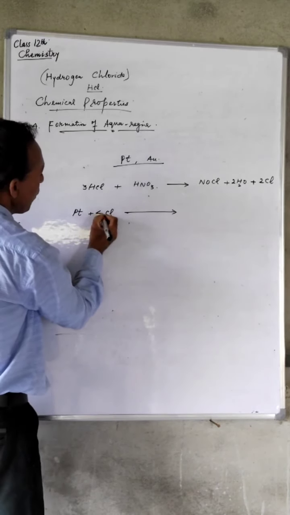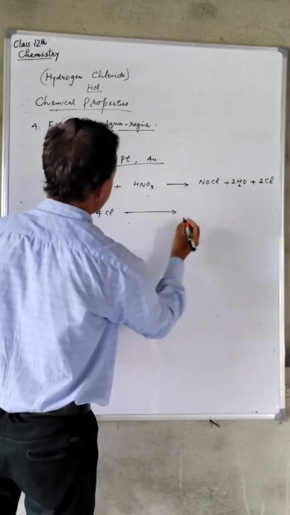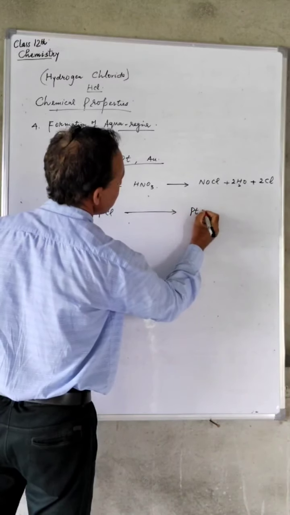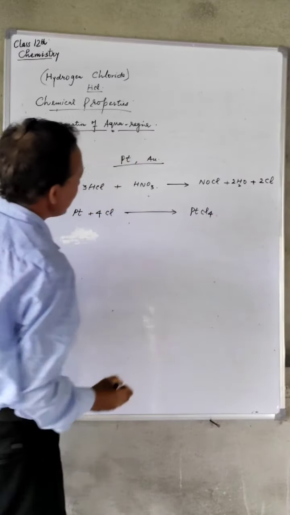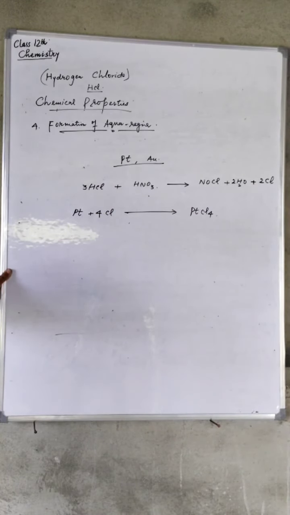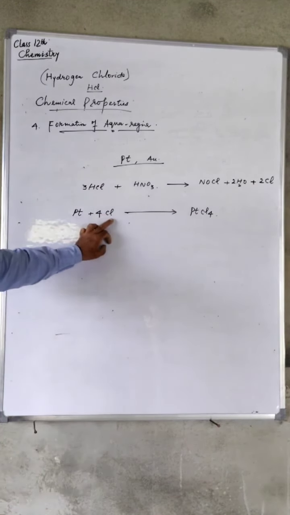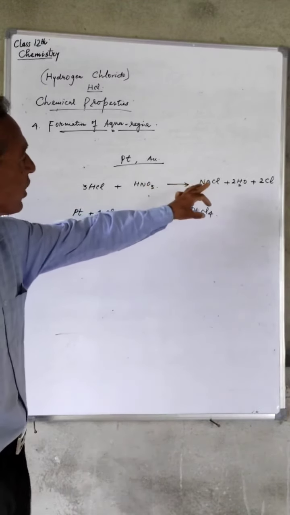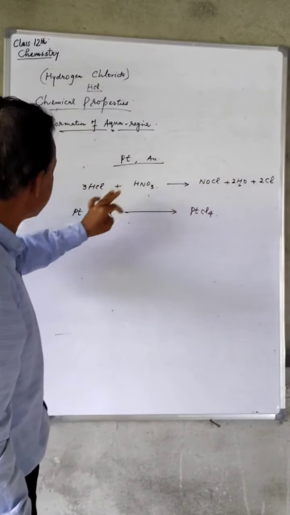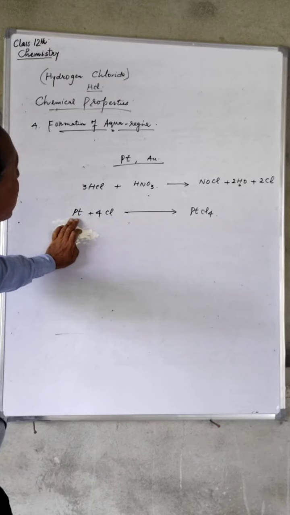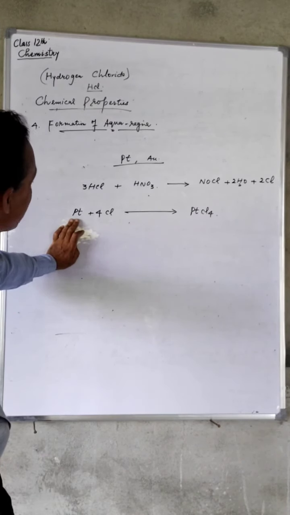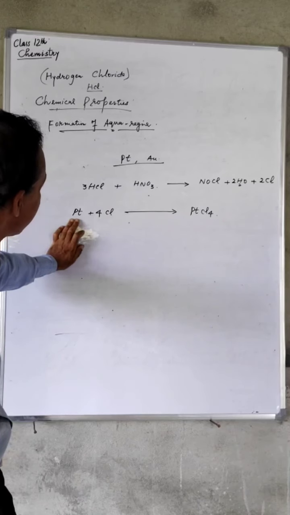gold. Pt plus 4 Cl forms PtCl4. It is the liberation of the nascent Cl which attacks these noble metals, which otherwise are unreactive, unaffected by the HCl or the nitric acid.